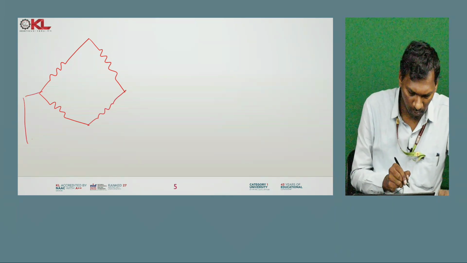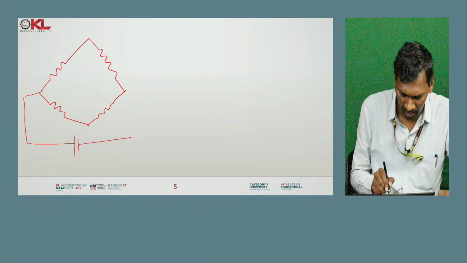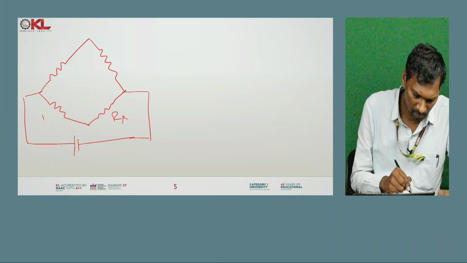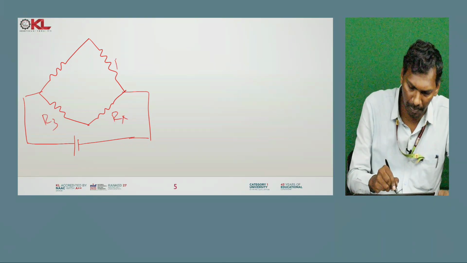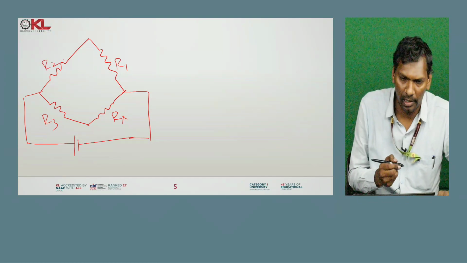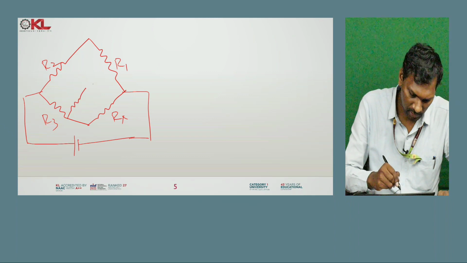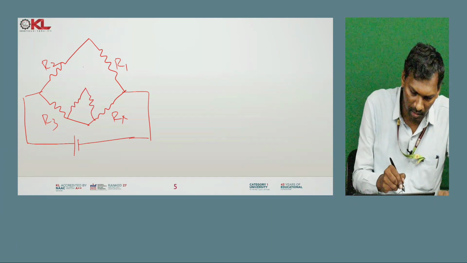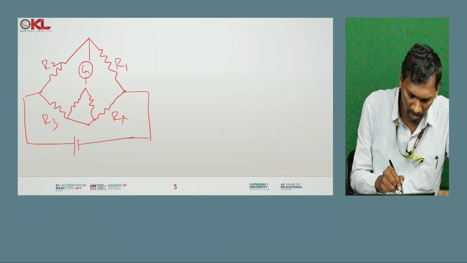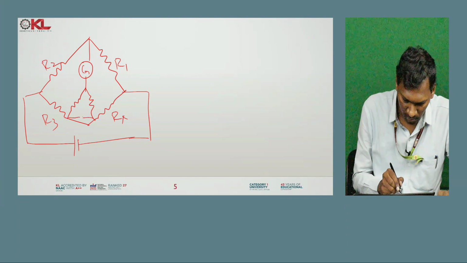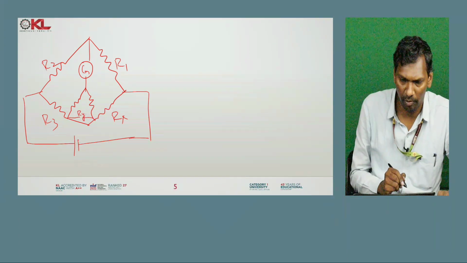The voltage is applied across these two terminals. This is the unknown resistance Rx, R3, R1, R2, and let us consider this is small a and this is small b resistance, and the galvanometer is connected between these two terminals. And the equivalent resistance across these two is Ry.